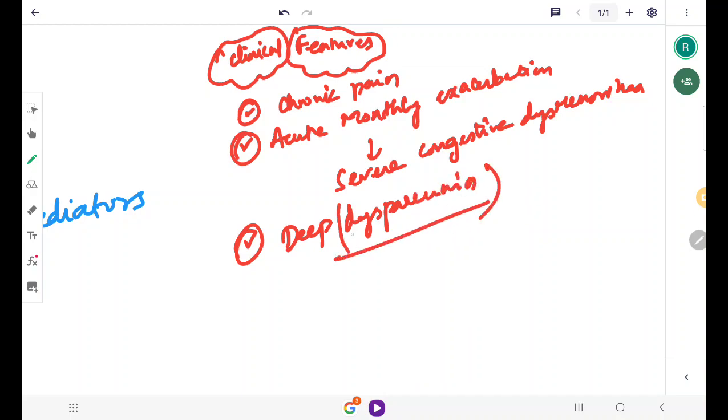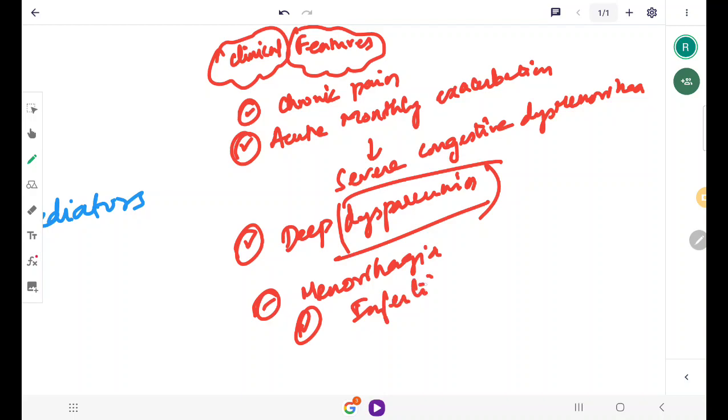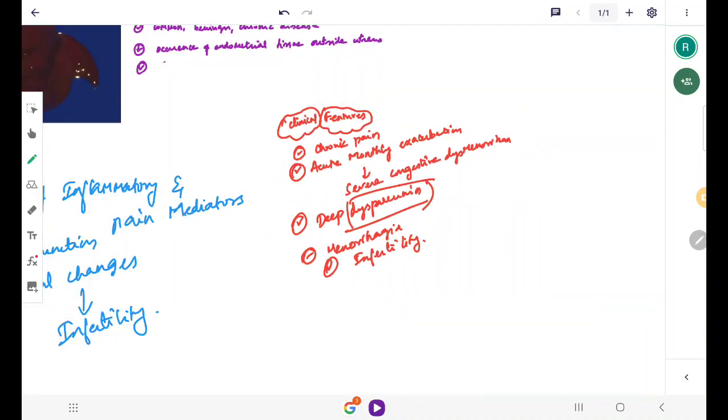Dyspareunia is pain during sexual intercourse. The patient has menorrhagia and infertility as well.